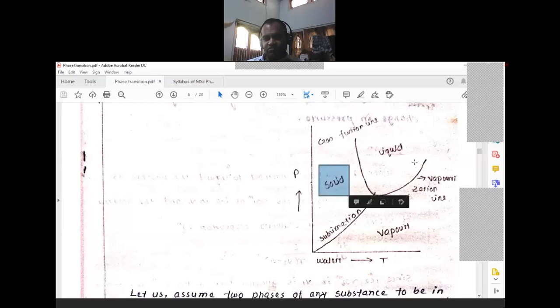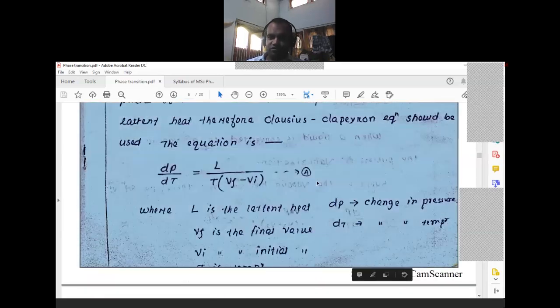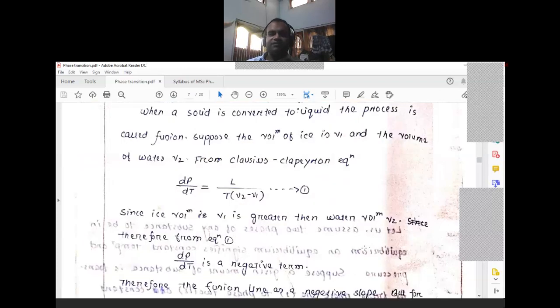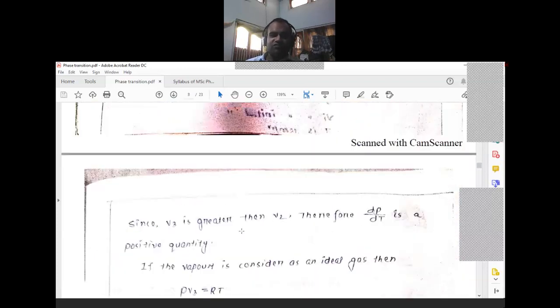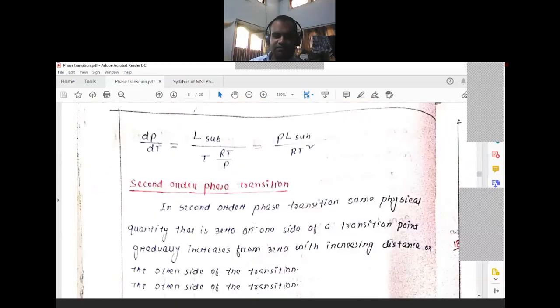So this is the expression for first order phase transition, which is understood by this Clausius-Clapeyron equation. Once you recall this equation, things become easy. You just refer to water's phase transition diagram, where you plot pressure against temperature, and you have three curves: sublimation, fusion, vaporization.